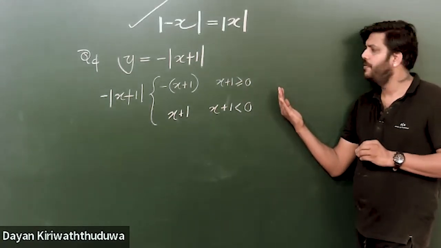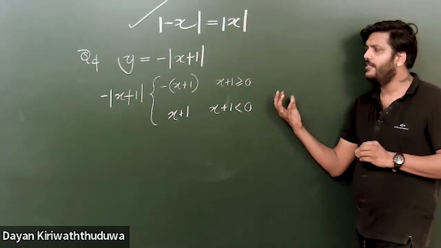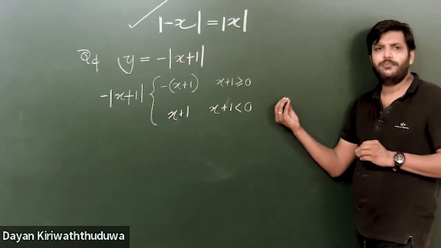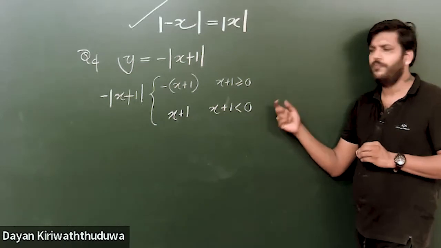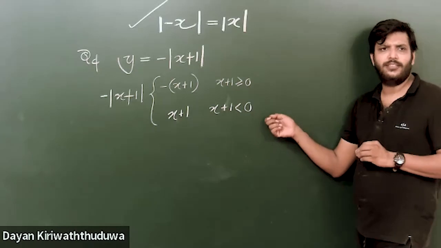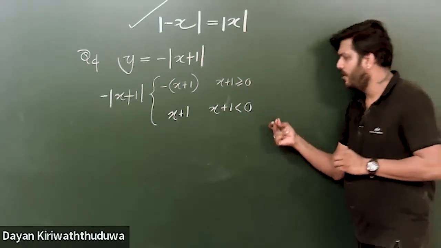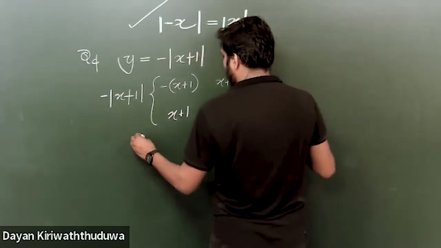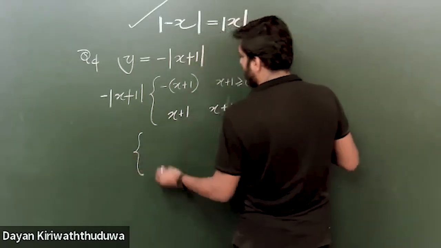So we have minus of x plus 1 when x plus 1 is greater than or equal to 0, and we have x plus 1 when x plus 1 is less than 0. Good. Now let's simplify and see whether we can look at the sketch here.